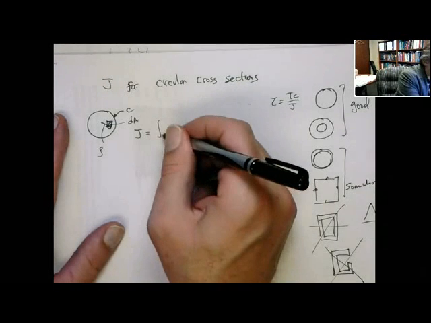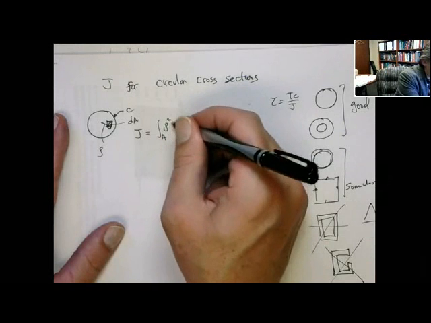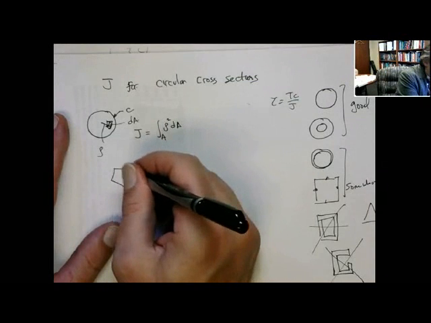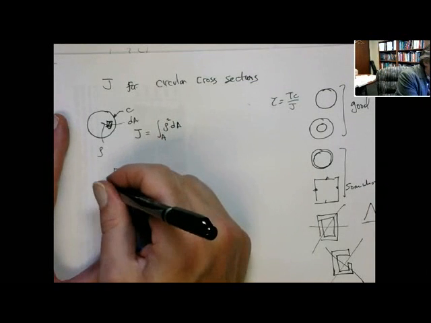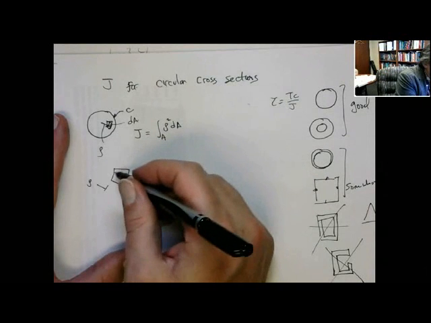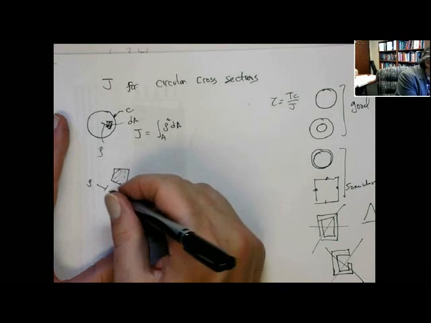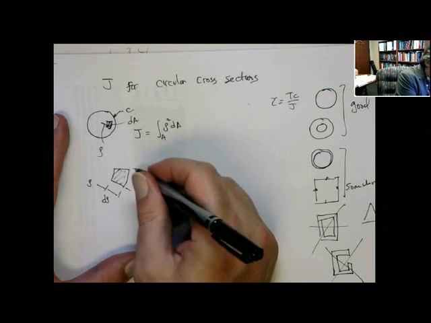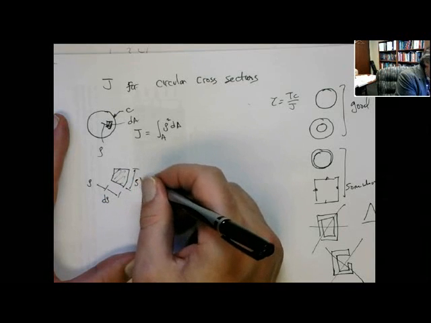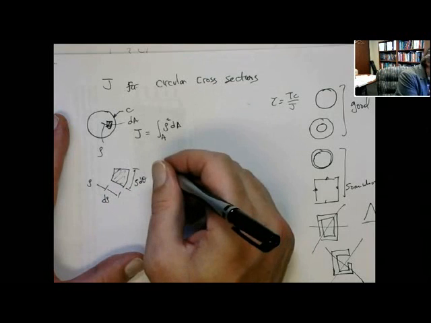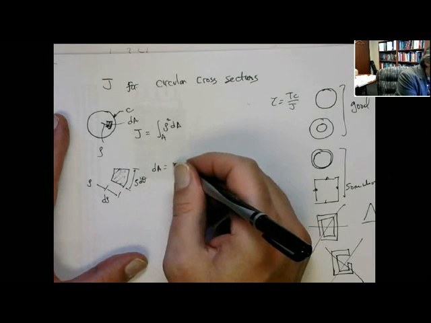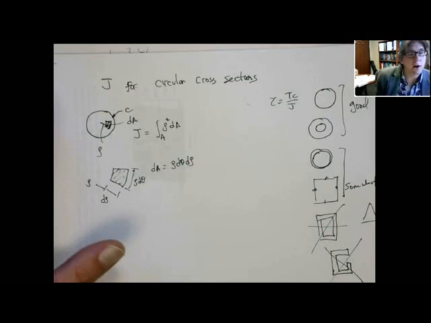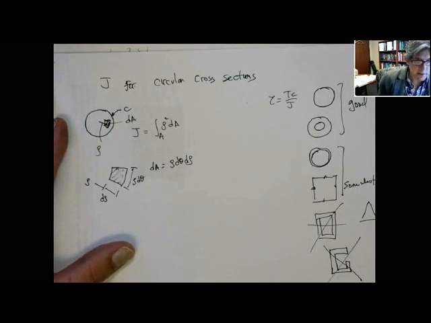J is the integral over the area of rho squared dA. Let's blow up that dA. It looks like this, and this is rho. This differential area, we can write, with this as the origin, this distance here is rho d theta, so dA is rho d theta dr. That's the differential area.